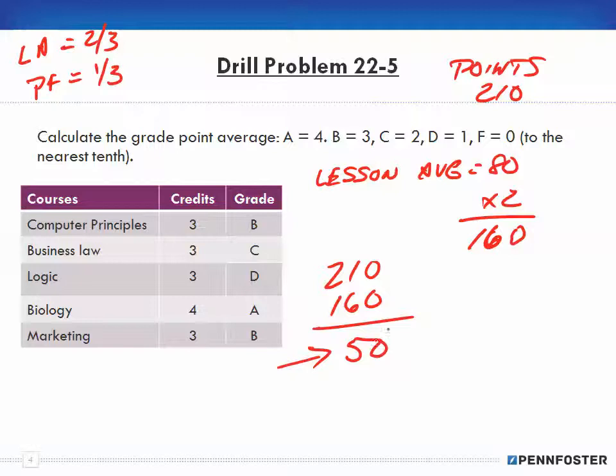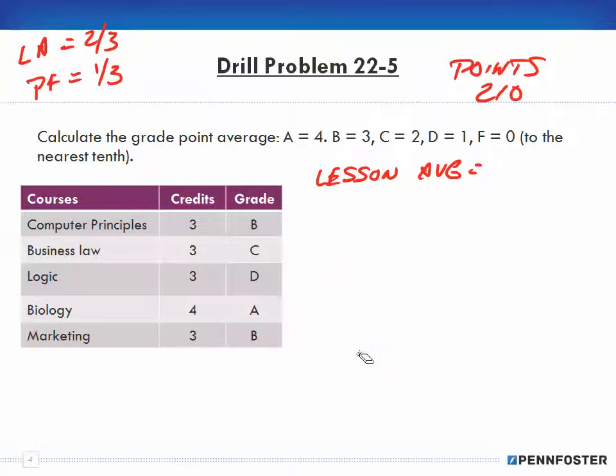Now, here's the thing. When it comes to your lesson average, or maybe I should have, let me back up. I'm not making the point I really want to make here. Let's say your lesson average is 70. Okay. Or let's make it 75. Okay, 75.